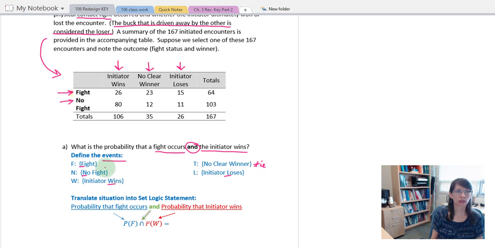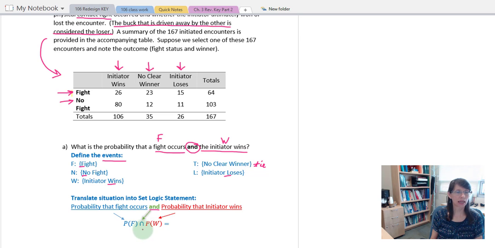So fight occurs is event F, and the initiator wins is event W. So I'm looking for the probability that fight occurs, that's the probability of F, and the probability that the initiator wins. So P of W represents the probability that the initiator wins. The word "and" tells us we are looking for the intersection of these events.